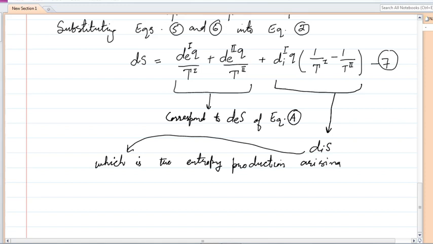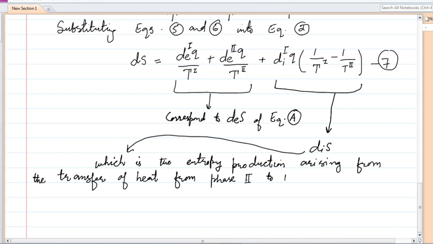arising from the transfer of heat from phase second to phase first. Why is this heat transfer?